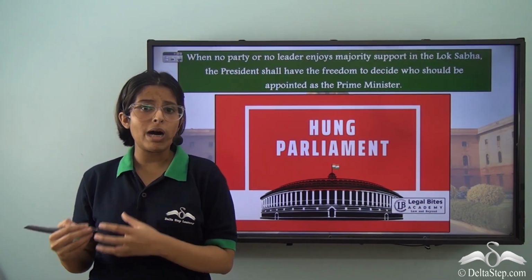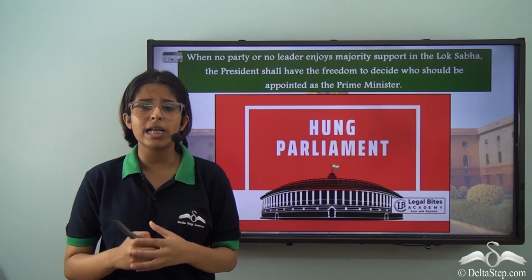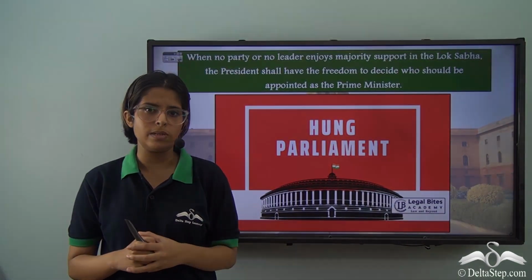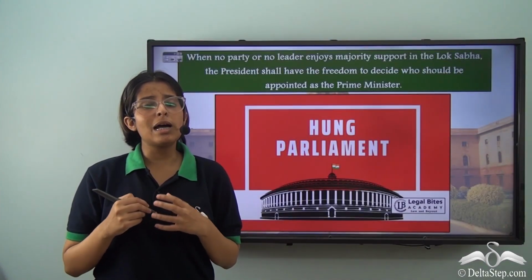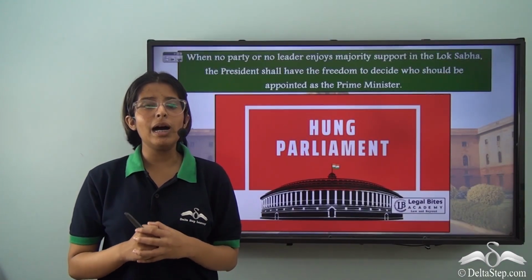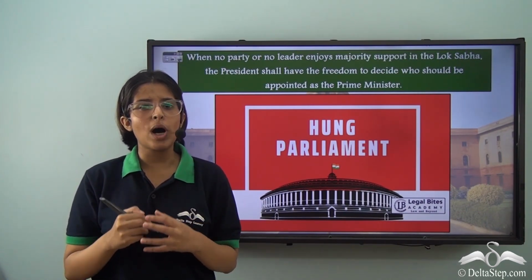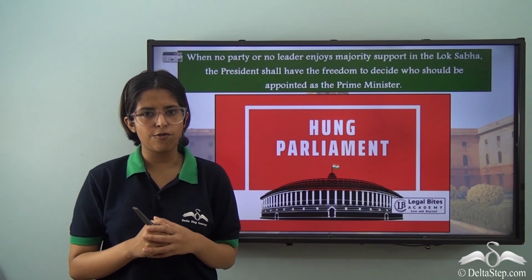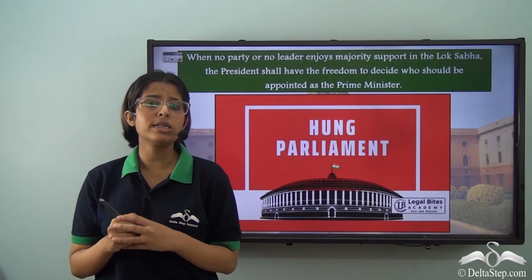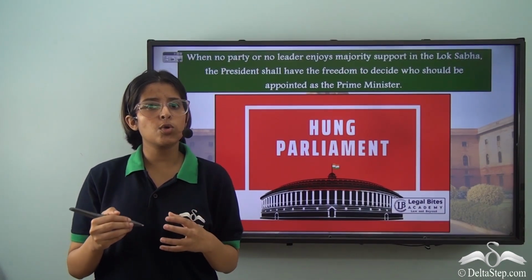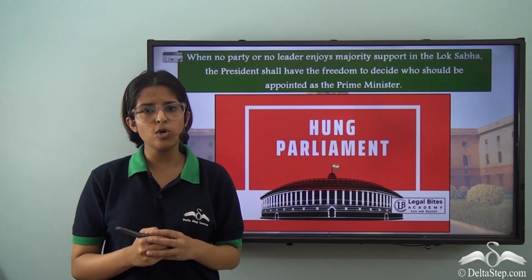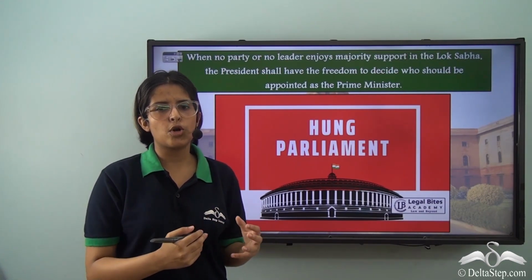Now, if one party or one leader does not get a majority support, what happens? We know that the number of elected members in the Lok Sabha is 543. So, to get a majority support, one has to get 50% of 543, that is 272 votes. So, if one gets 272 votes, then he gets the clear majority.